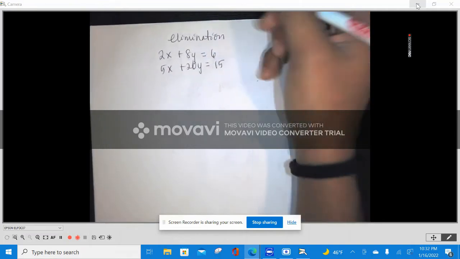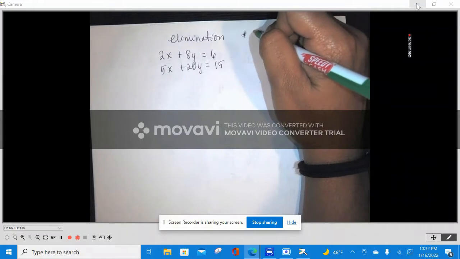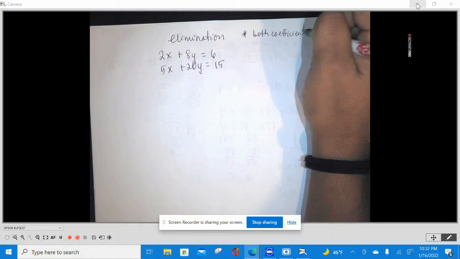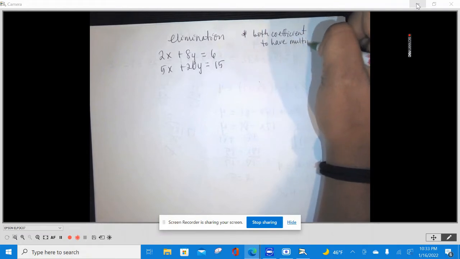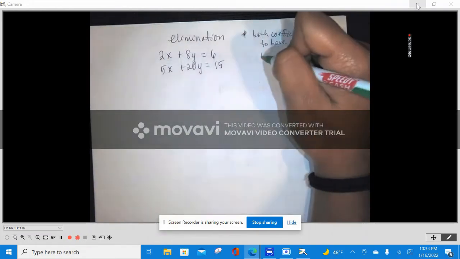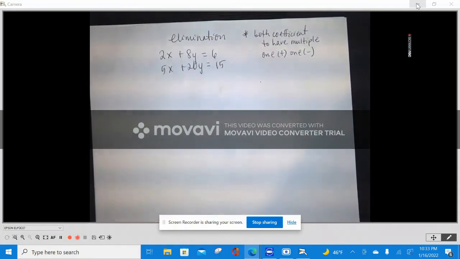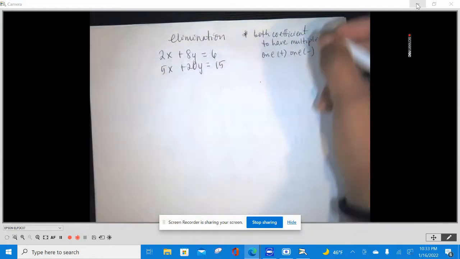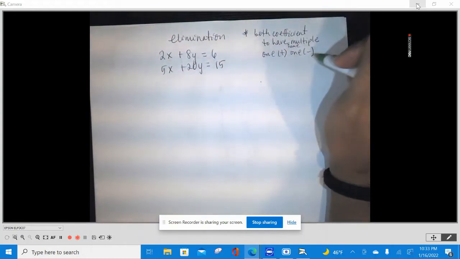The objective when you do elimination is you want both coefficients, on the x or y, to have the same multiple, meaning they have to have the same number, and you want one to be positive and one to be negative.